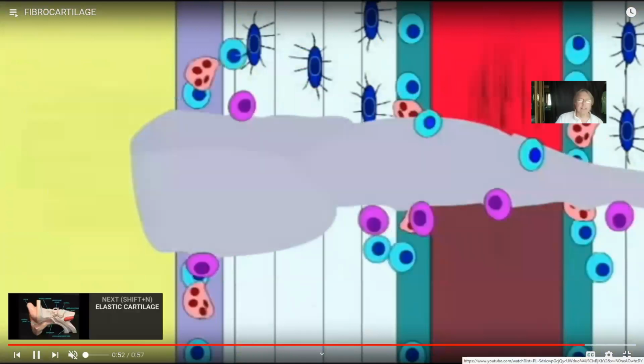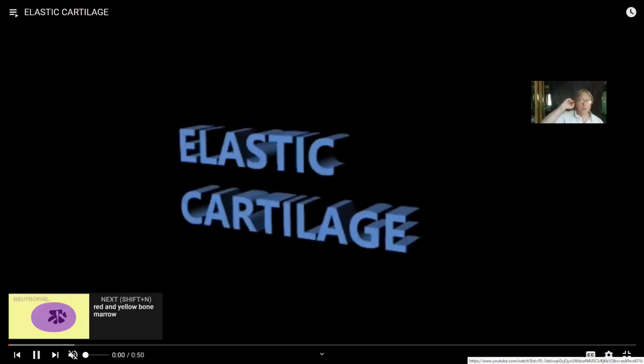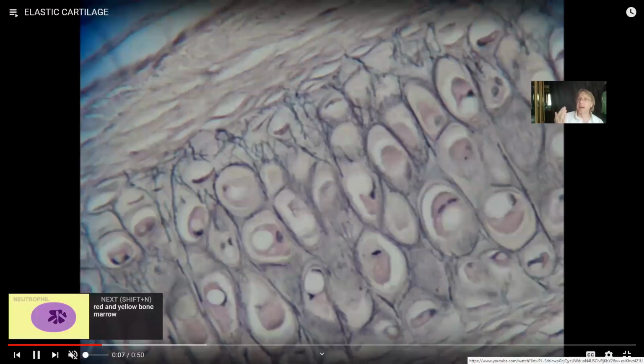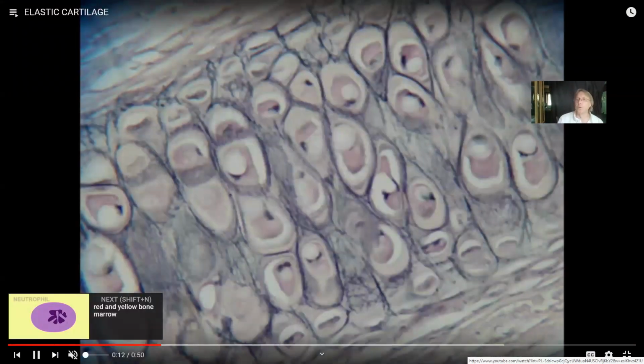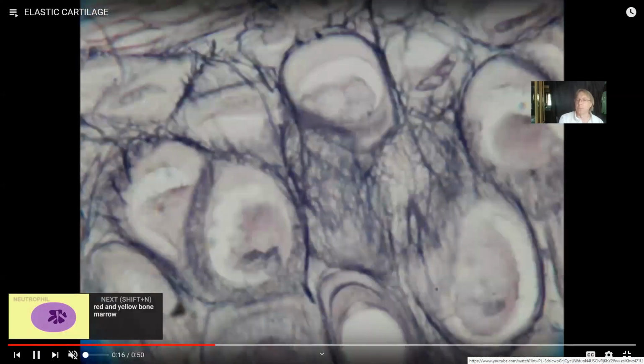Finally, there is a much more flexible kind of cartilage known as elastic cartilage because of elastic fibers that one can find there in the external ear. We have a very flexible cartilage there, but also in the epiglottis, this piece of cartilage which can close over the glottis, which is the opening to our airway when we swallow.